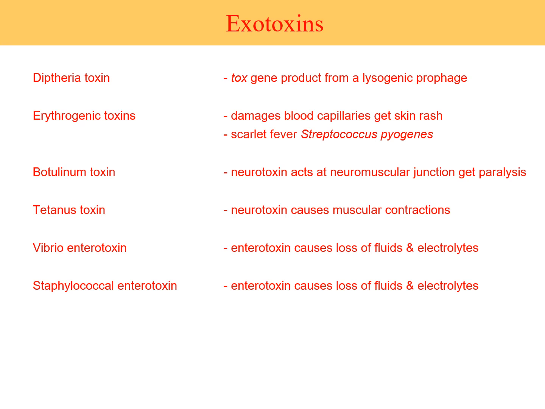An example of that would be diphtheria toxin, which is coded for by the tox gene. There are some toxins called erythrogenic toxins. They'll damage blood capillaries and cause a rash in the skin. Things like streptococcus or staphylococcus organisms may have this.